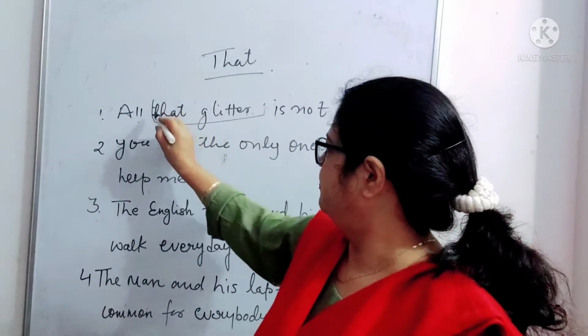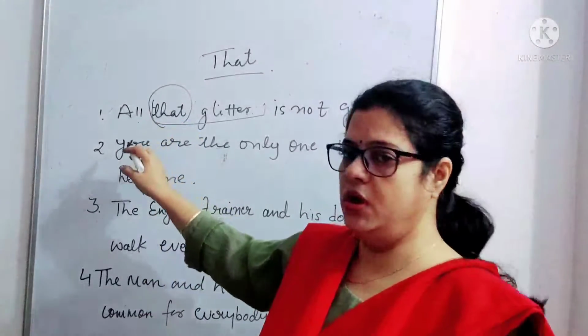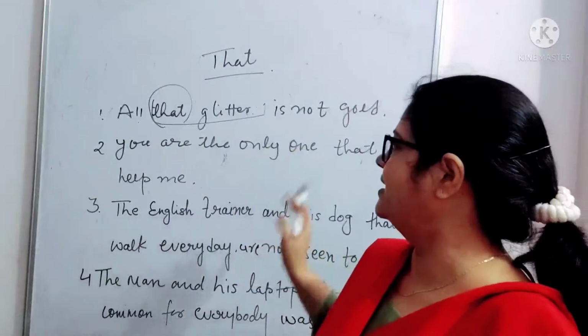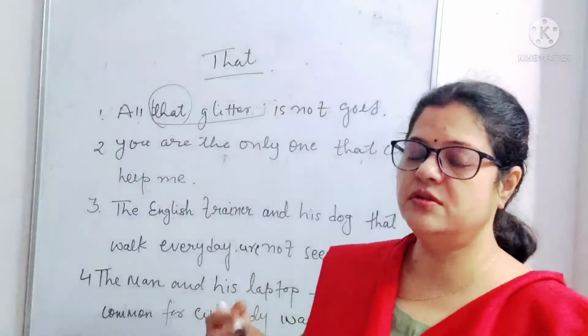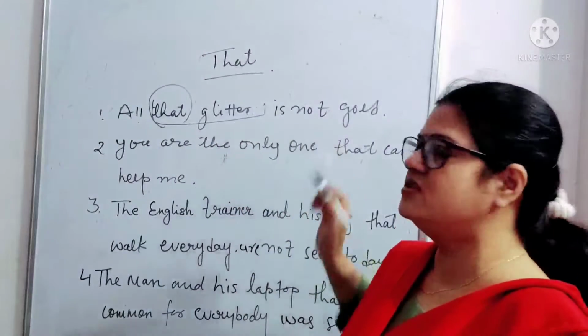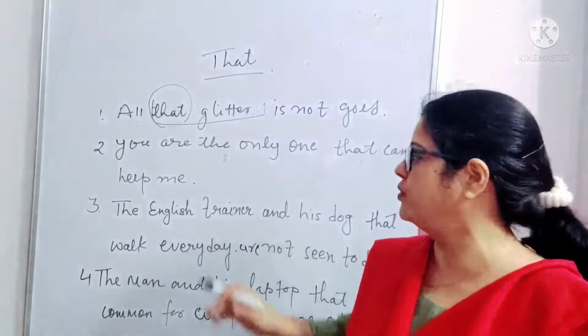This relative pronoun "that" is telling about all things that glitter. "That" is used sometimes with people and sometimes with things also. Here "all that glitters is not gold" is a very common proverb, everybody knows about it.